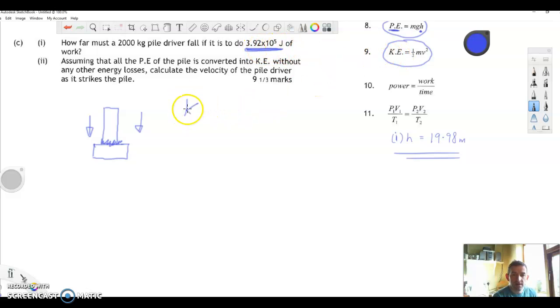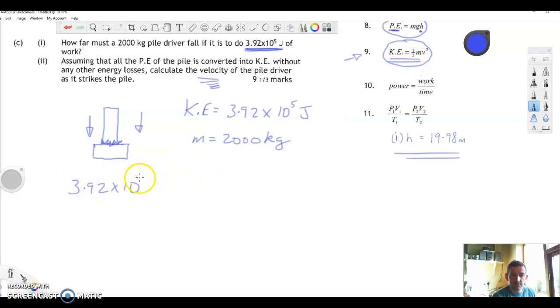So our kinetic energy at the point of impact is 3.92 by 10 to the 5 joules. We're asked what the velocity was. This formula relates kinetic energy, velocity and mass. The mass hasn't changed, it's 2,000 kilos, so we sub in our values.